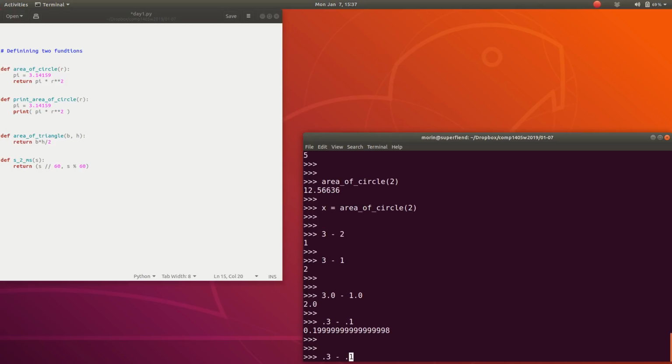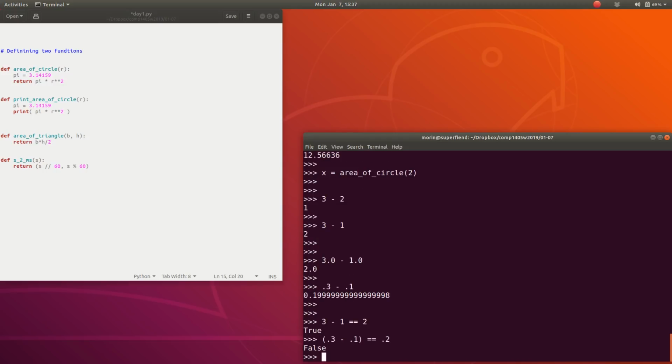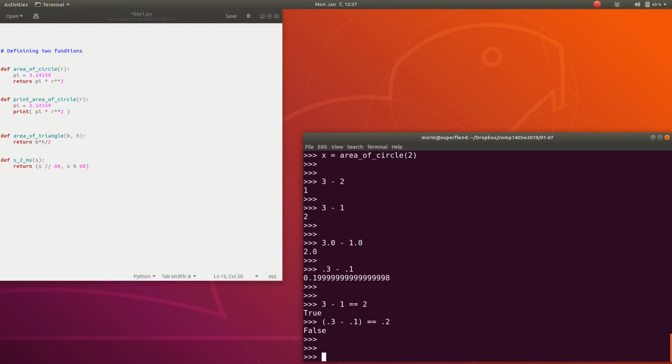And the reason is, take 3 minus 1, and let's ask if that's equal to 2. The answer is yes. 3 minus 1 is equal to 2. Let's take 0.3 minus 0.1 and ask if that's equal to 0.2. The answer is no. And that's because of the little mistake that happens when you take 0.3 and subtract 0.1, which means the result is not equal to 0.2 anymore.